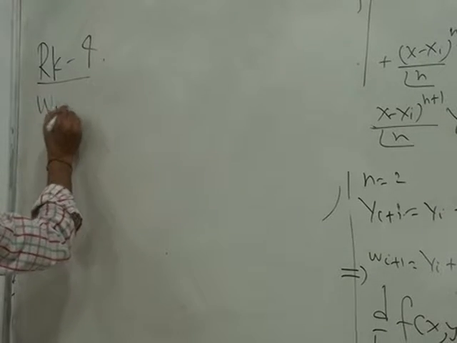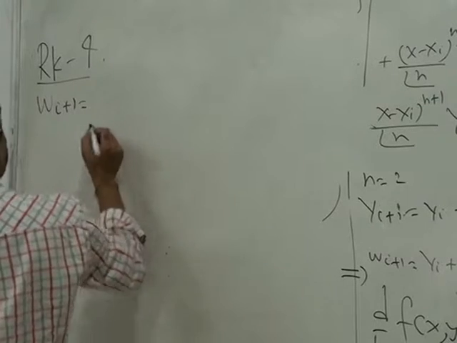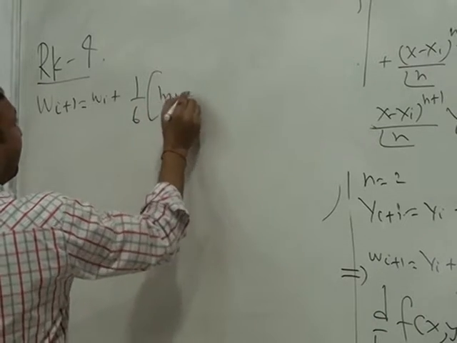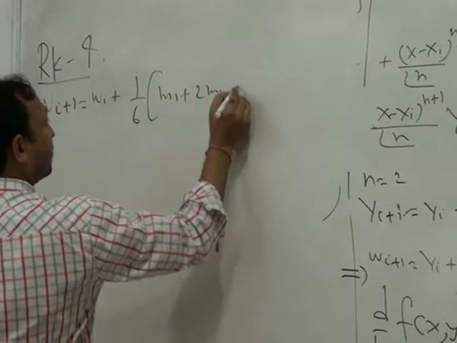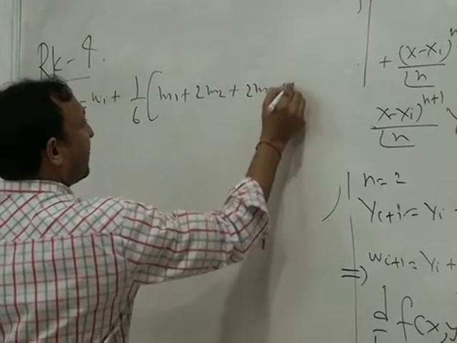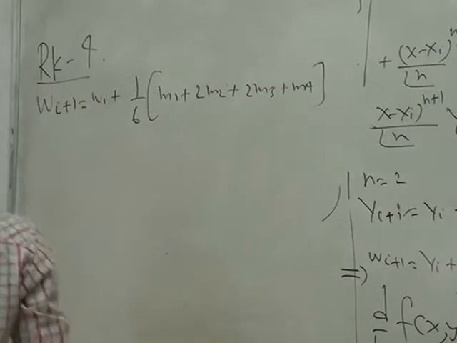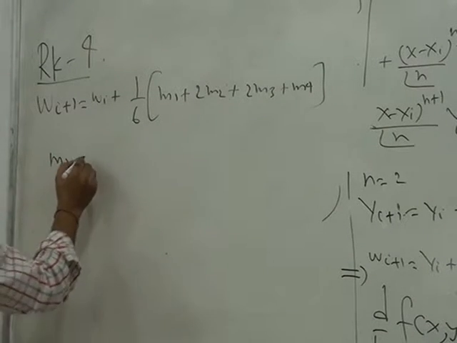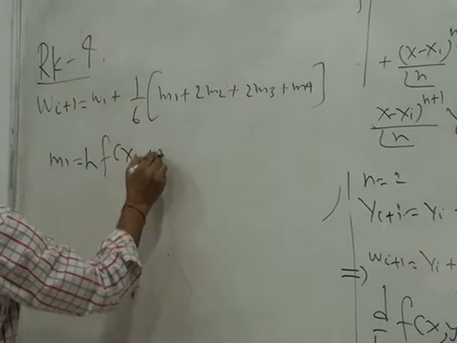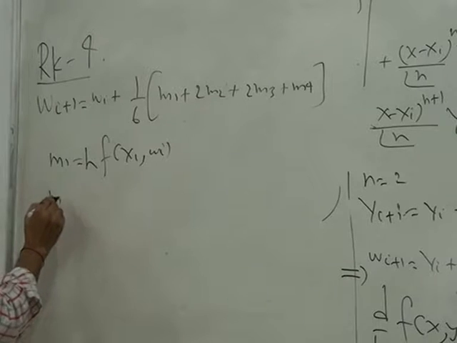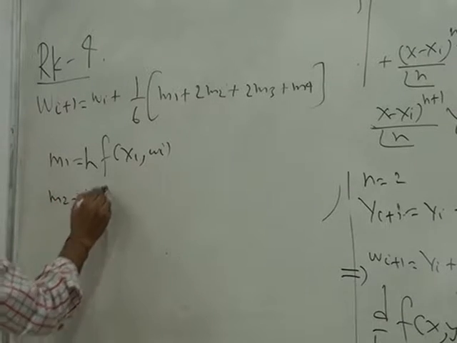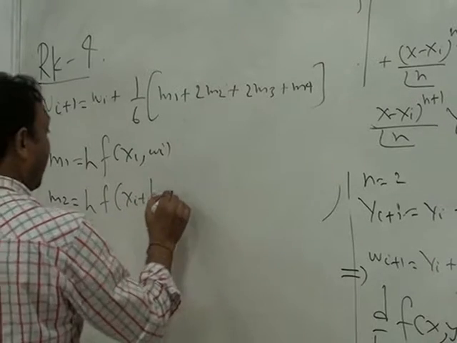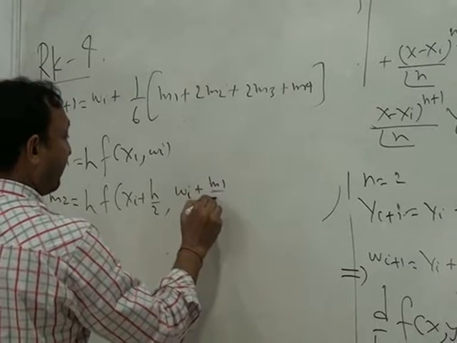RK4 is W(i+1) equal to Wi plus 1 by 6 into M1 plus 2M2 plus 2M3 plus M4, correct? What is M1 here? h into f(xi, Wi). What is M2? h into f of xi plus h by 2, Wi plus M1 by 2.